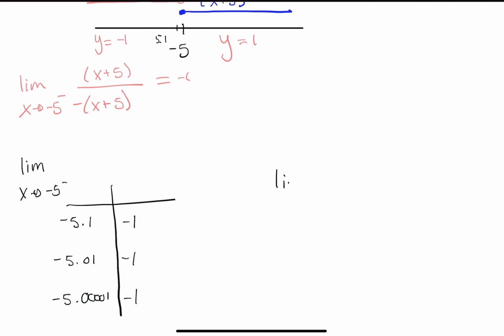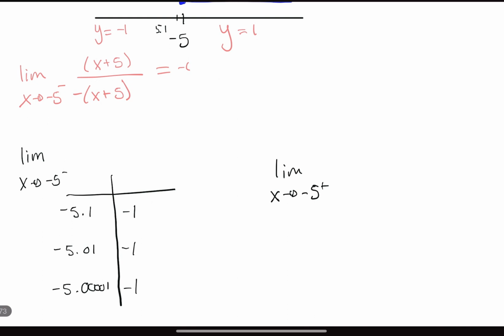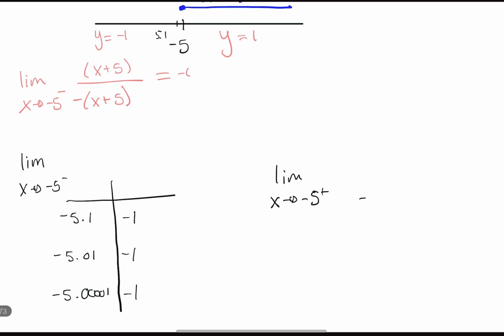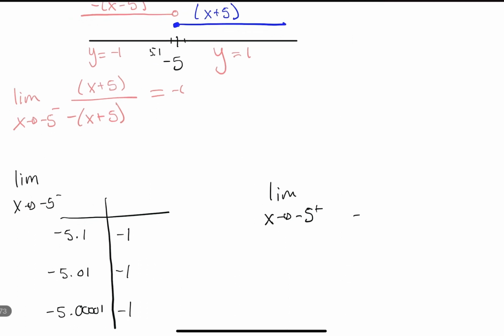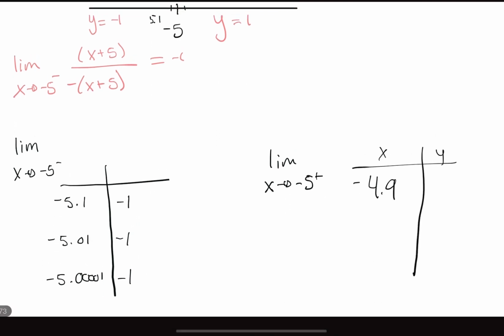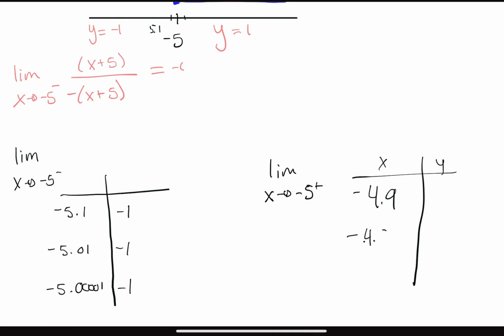So now we have the limit as x is approaching -5 from the right. What's a number that's a little bit bigger than -5, but not too far? Well, we could have -4.9, -4.99, -4.999.